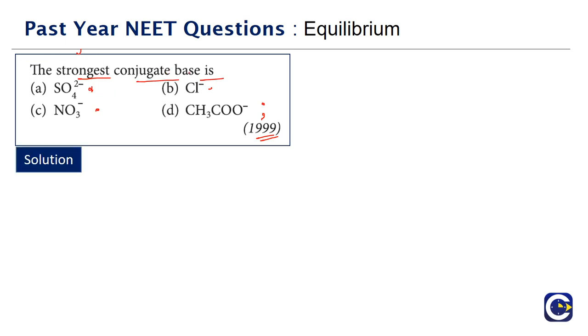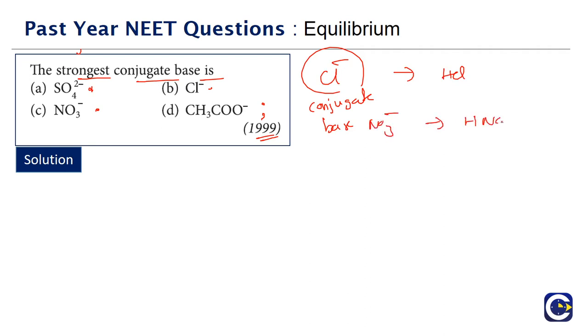For Cl minus, which is a conjugate base, what is the corresponding acid? It is HCl. For NO3 minus, what is the corresponding acid? HNO3. For CH3COO minus, what is the corresponding acid? CH3COOH. For SO4 minus, what is the corresponding acid?